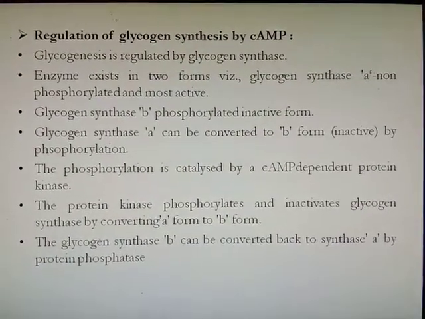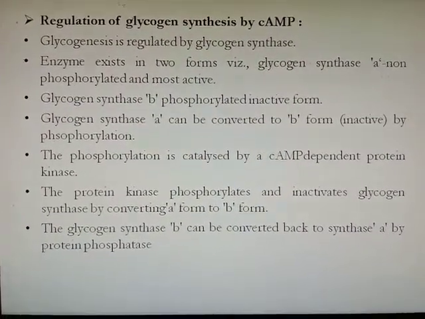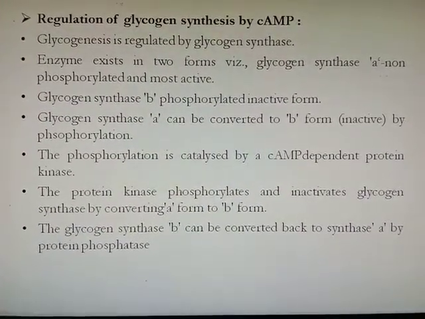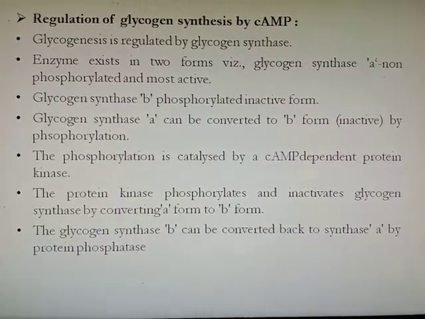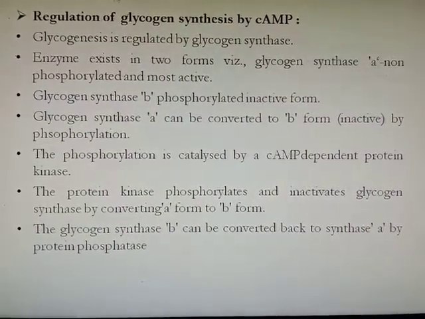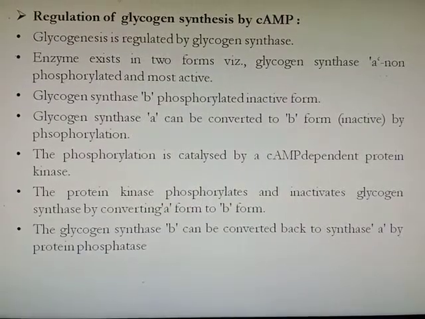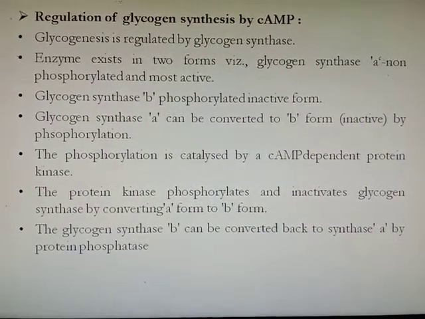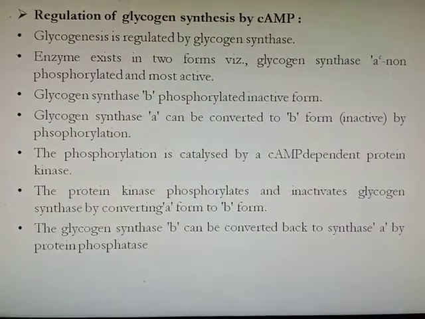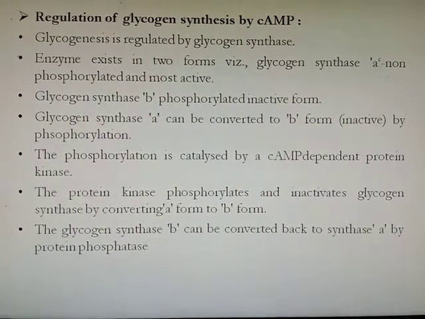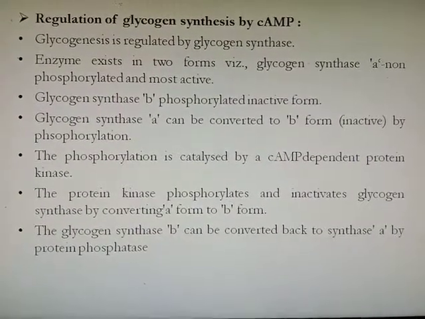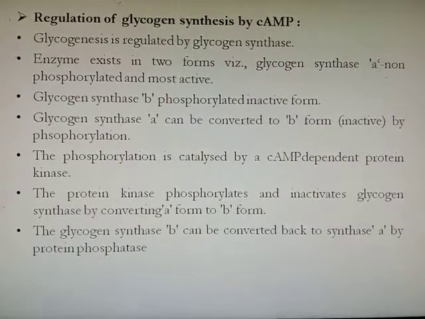Regulation of glycogen synthesis by cAMP or cyclic adenosine monophosphate. Glycogenesis is regulated by the enzyme glycogen synthase. This enzyme exists in two forms: glycogen synthase A, which is the non-phosphorylated and active form, and glycogen synthase B, which is the phosphorylated and inactive form.